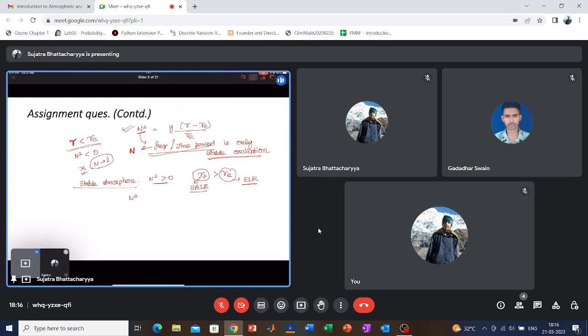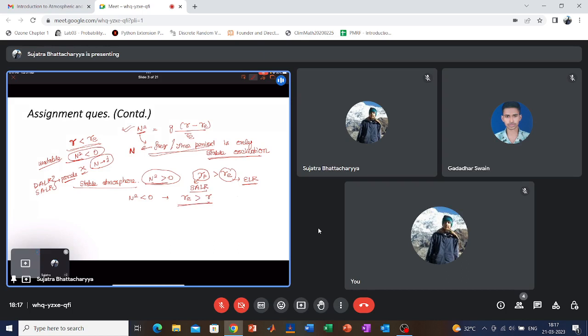We already know that for a stable atmosphere N squared is greater than 0, and for an unstable atmosphere N squared should be less than 0. Now this DALR or SALR is for the air parcels. Now for N squared to be less than 0, what needs to be done? Gamma E should be greater than gamma.